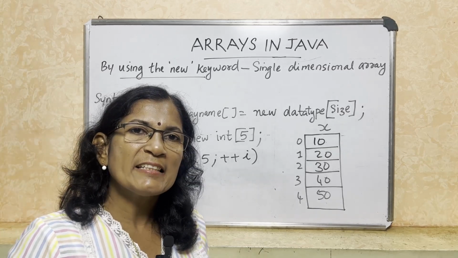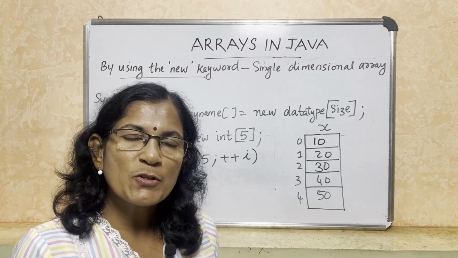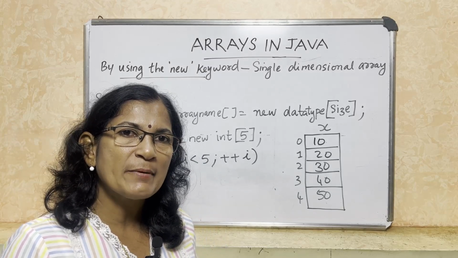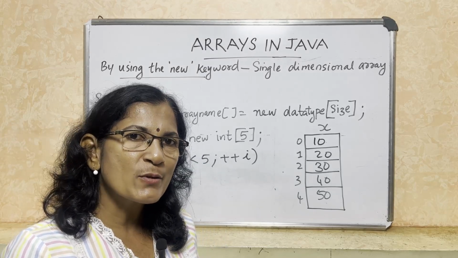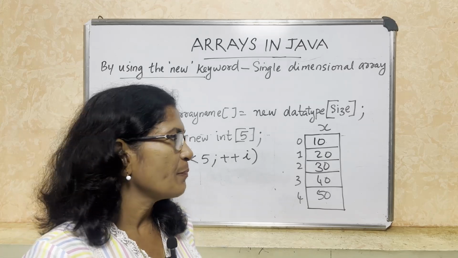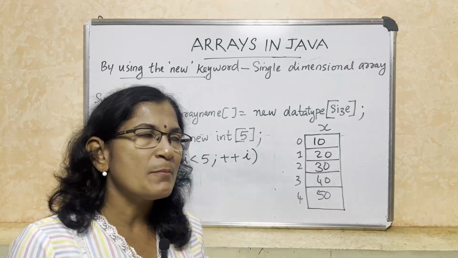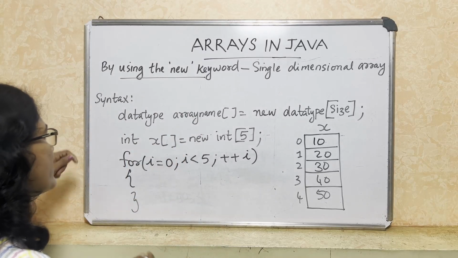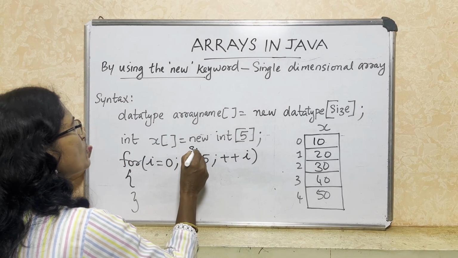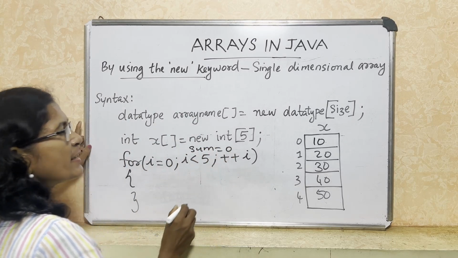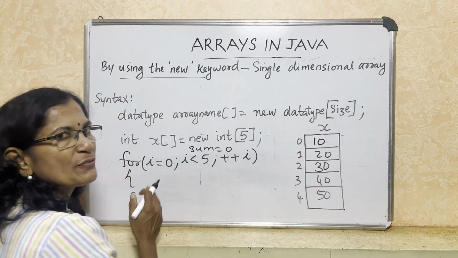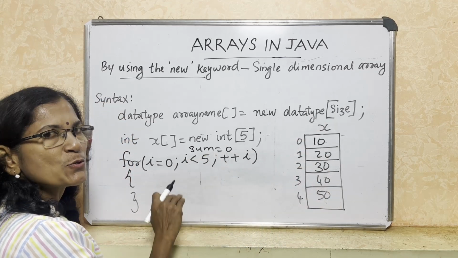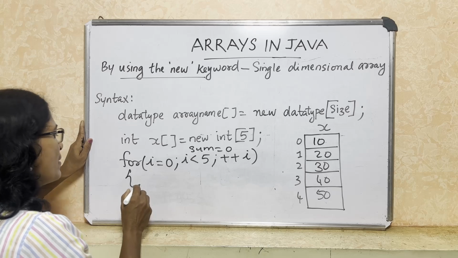To access the data from this array, suppose you want to find the sum of all the elements of this array, we can use a looping structure. Each location is referred to by the array name followed by the index number. We can declare a sum variable, say sum is equal to 0 initially, and read each value from the array and add it to sum.